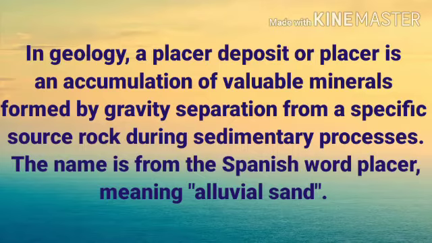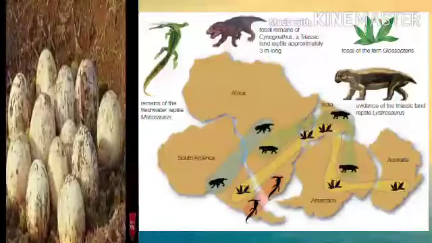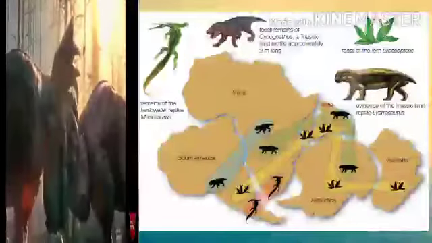The placer deposits of gold on the Ghana coast have no source rock. The gold-bearing veins of rocks are found in Brazil, which makes it obvious that the gold deposits of Ghana are derived from Brazil.